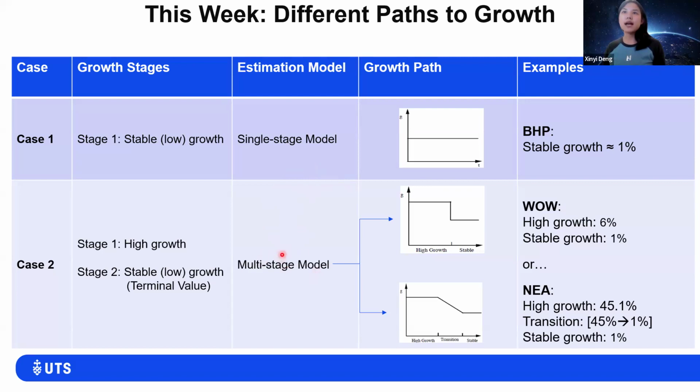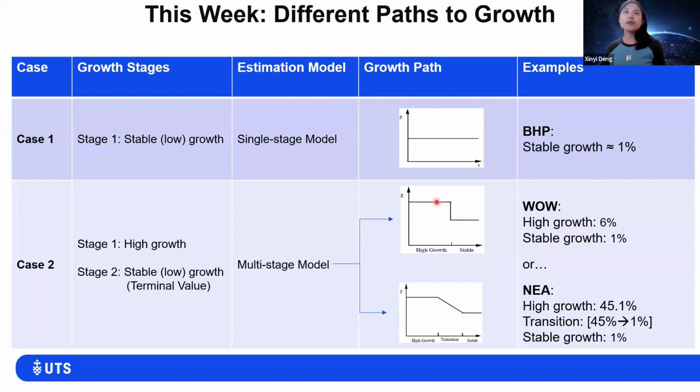We already discussed what a two-stage model looks like. A single-stage model is where you have a firm exhibiting a stable growth rate from the valuation date onwards, until infinity. So it grows at a constant rate forever.